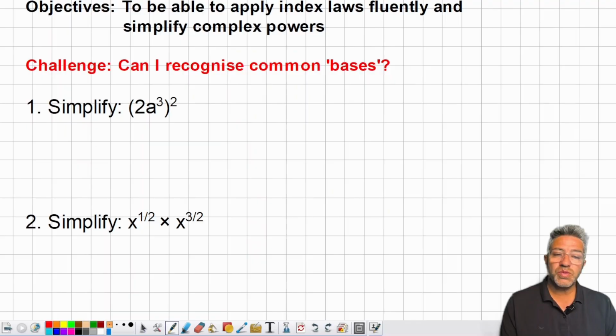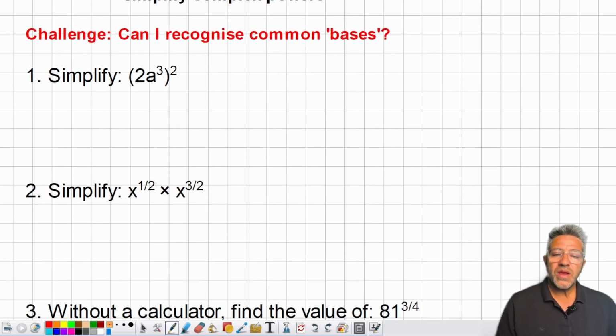So in question 1, if I just scroll my screen down, we're being asked to simplify 2a cubed, squared. Now, I'm sure everybody knows what squared means, multiplied by itself. So in actual fact, we could write this as 2a cubed multiplied by 2a cubed.